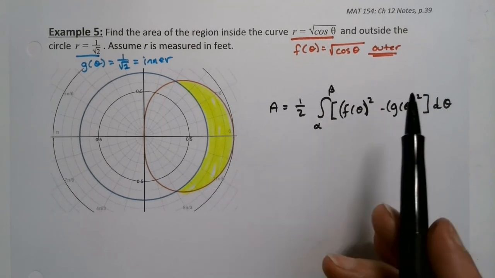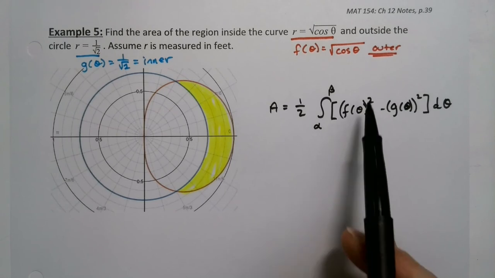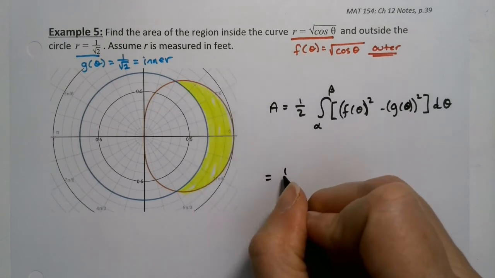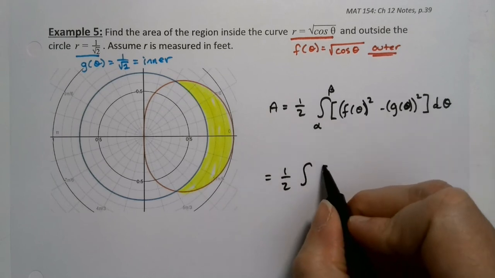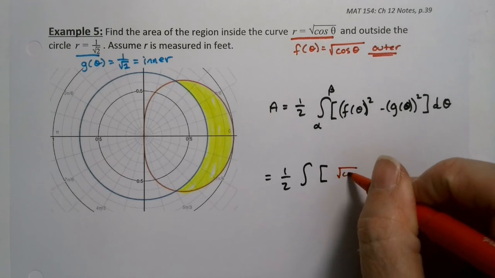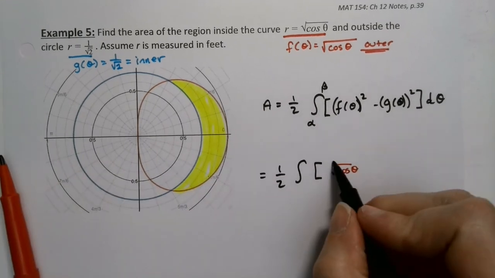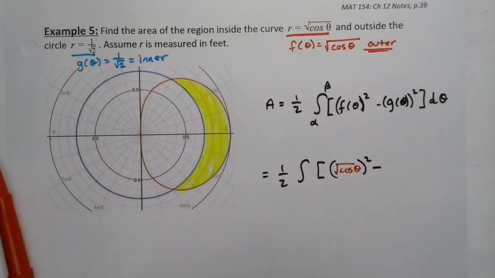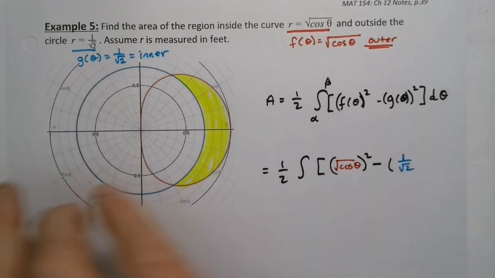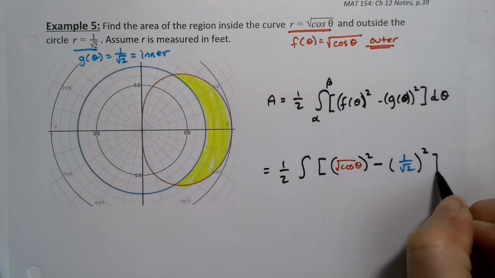I've already figured out that f of theta goes here, g of theta goes there. Lovely. So this is 1/2 and I'm going to put in the square root of cosine theta squared minus 1 over the square root of 2 squared d theta.